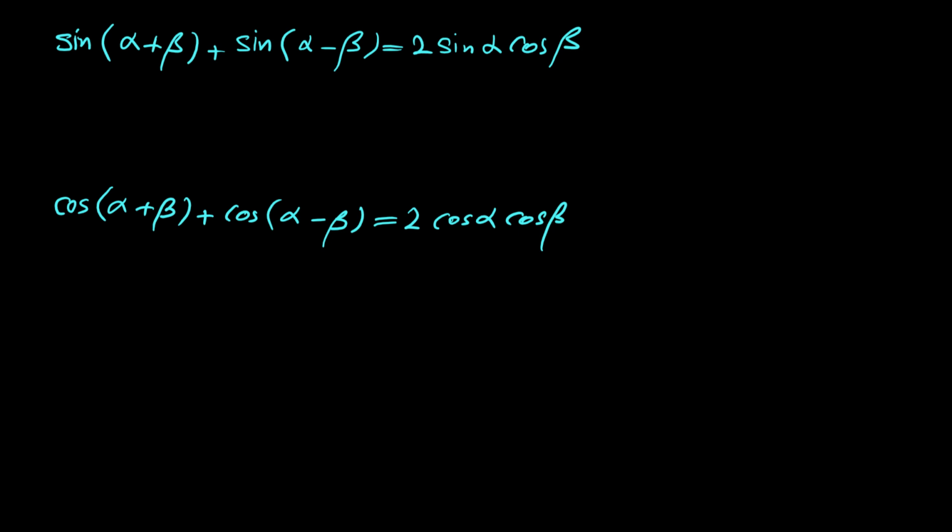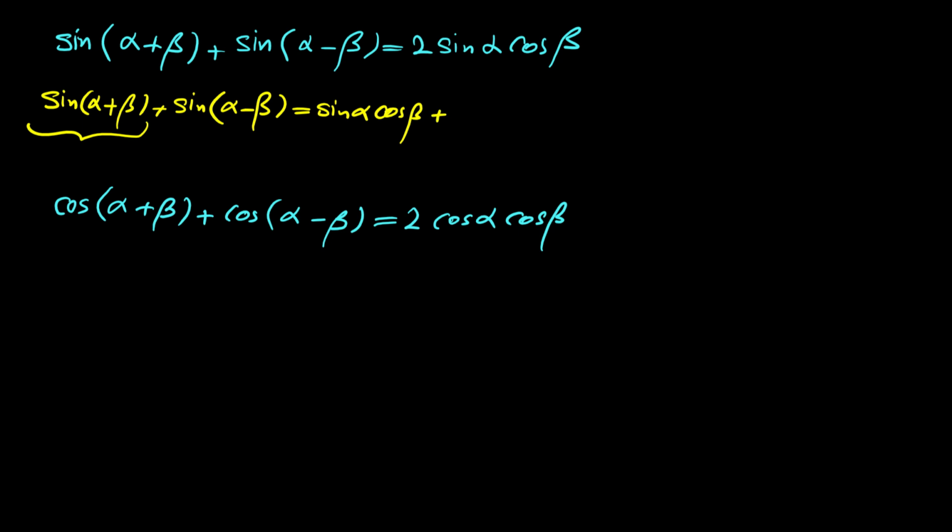By using the identities that we have for sum and difference for sine, we can write sine of alpha plus beta plus sine of alpha minus beta as this is equal to sine of alpha cosine beta plus cosine alpha sine beta.